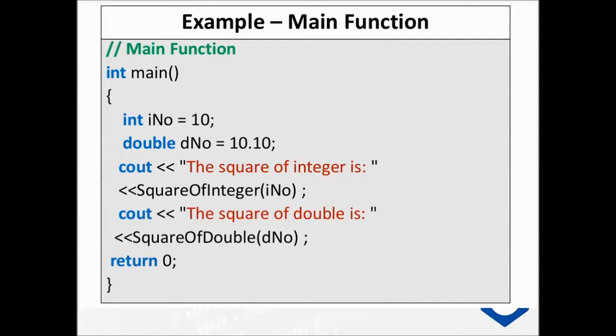We write cout, the square of integer is. While writing the cout, we call our square of integer function and we pass the value ino to it.